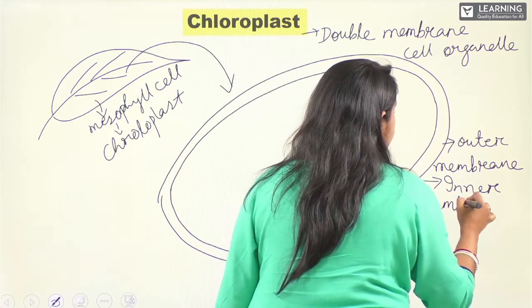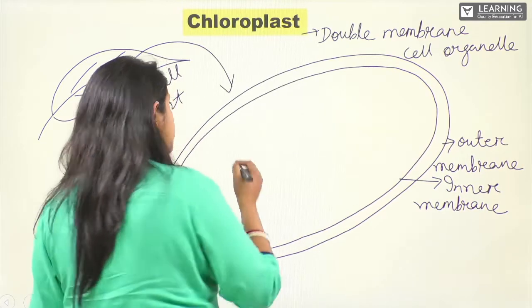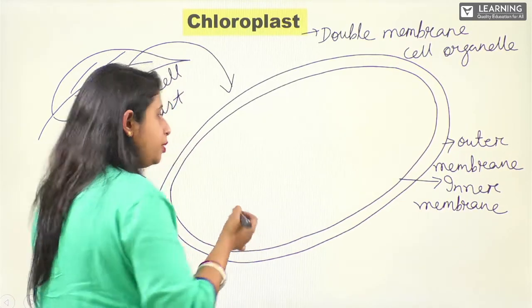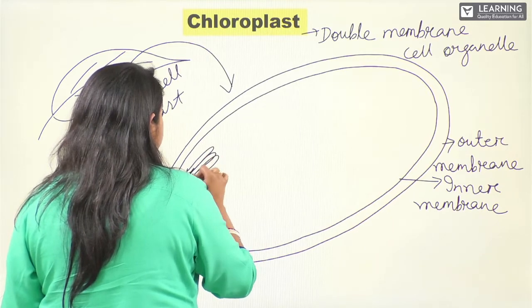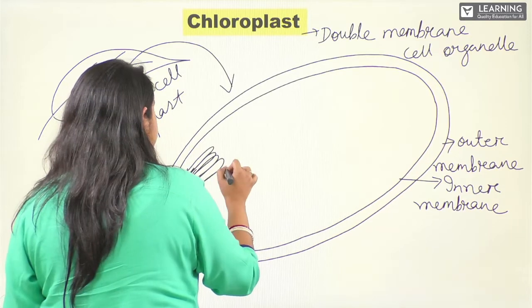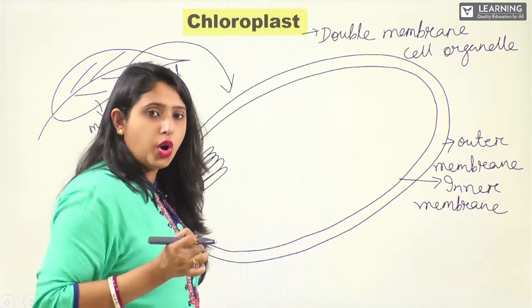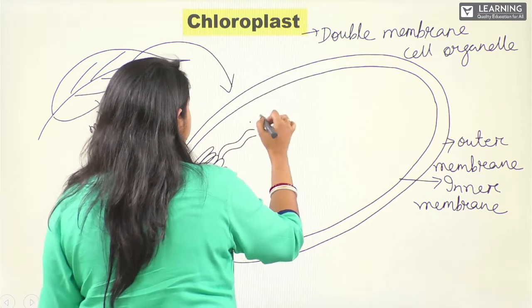Now, what do we see inside the inner membrane? Inside the inner membrane, you will see various thylakoids. The thylakoids are arranged as piles of coins. These stacks of thylakoids are called grana.